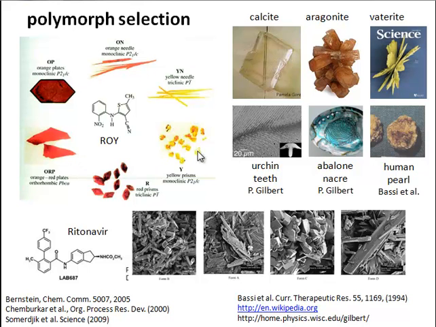These kinds of things also happen in the context of biomineralization and various inorganic crystallization processes. You can see here, for example, this is the calcite polymorph of calcium carbonate. This is aragonite, and this is vaterite.